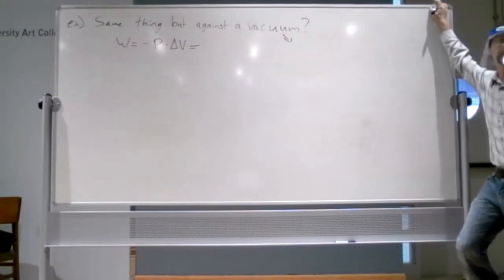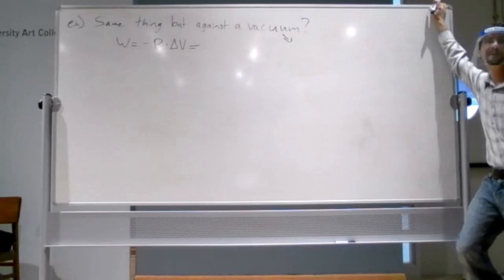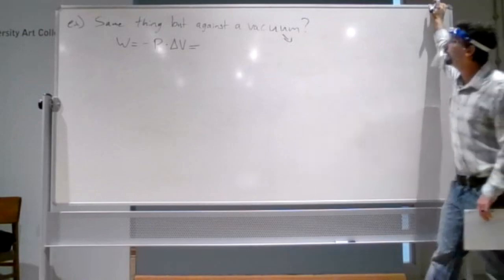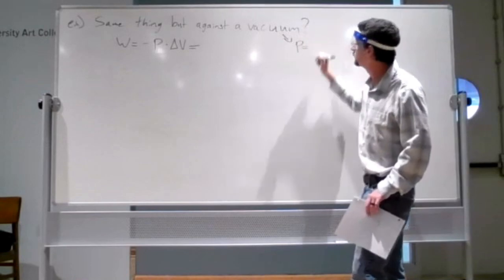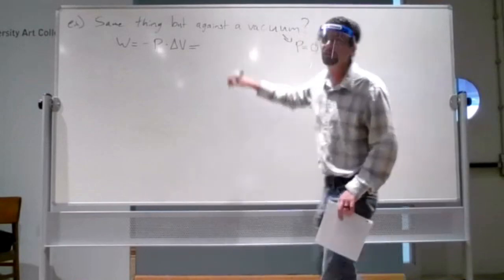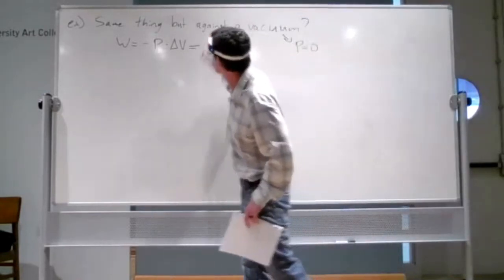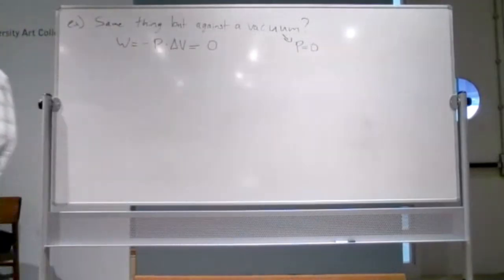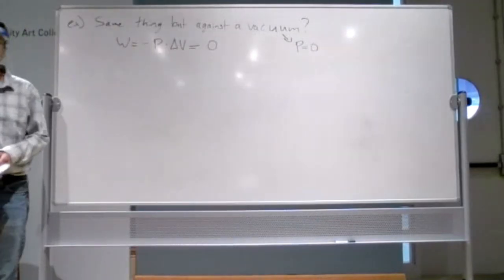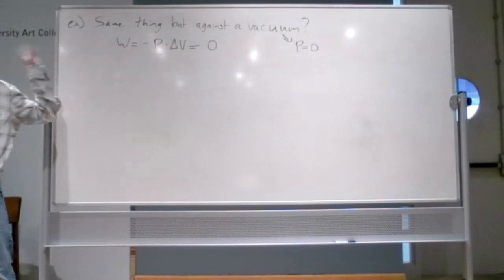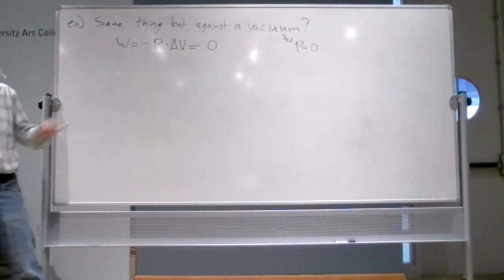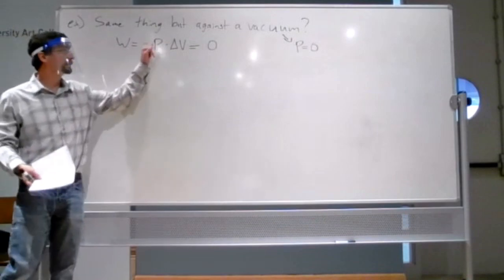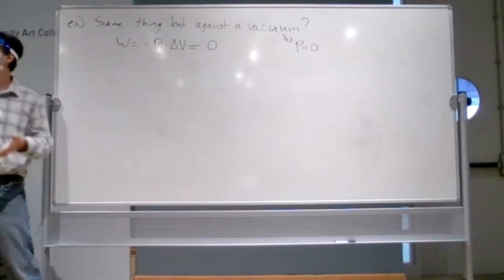What do you think, Will? Yeah, there's no air, right? So what does that mean about the pressure? Yeah, 0. So what's the work done? Yeah, there's no work done. So if you're against a vacuum, you're going to have a 0 amount of work done because there's just no pressure. There's no pressure in terms of this equation. That's a 0. They're multiplied together, resulting in a 0.